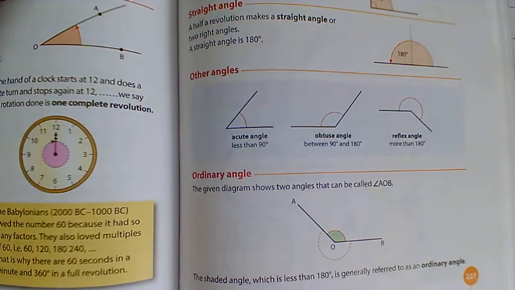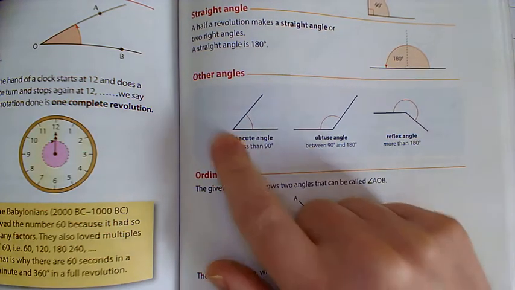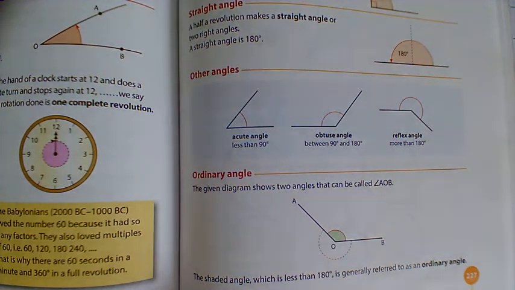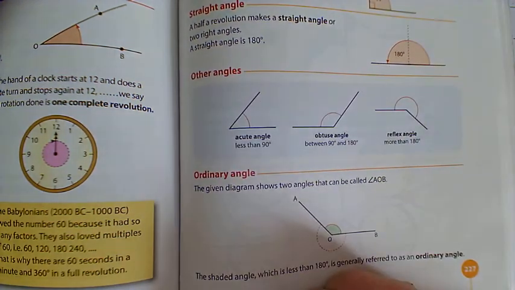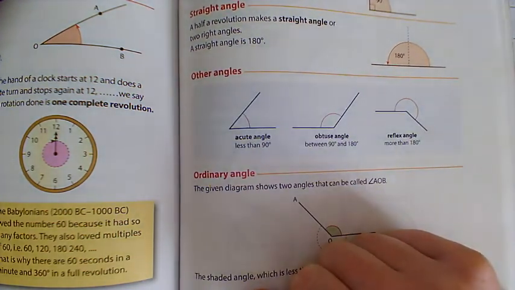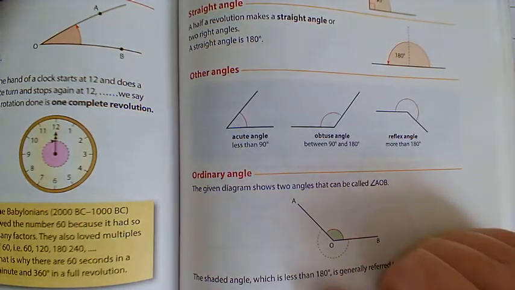Third bit of notes, other angles. Okay, so I'm sure you'll know anything less than 90 degrees is acute. Okay, smaller than 90 degrees is acute. I'm sure in primary school there was lots of different methods of remembering acute. Greater than 90 but less than 180, obtuse. Because when you get to 180 it's a straight angle, so obtuse is in between 90 and 180. And then greater than 180 is a reflex, like the outside of the angle is a reflex angle.